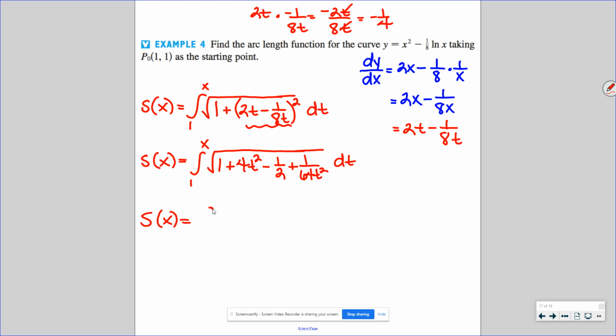I see some like terms. Yes, I know this is tedious. We haven't even gotten to the integrating part yet. I think I'm going to rearrange a little bit too. Now, I'm going to rearrange in a way that's probably weird for you guys. I'm going to put the 1/2 in the middle.